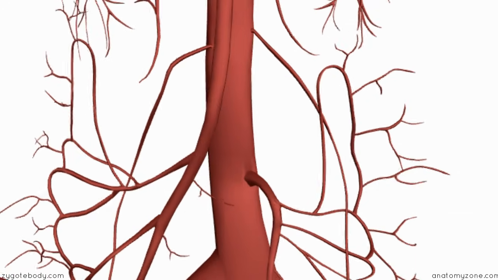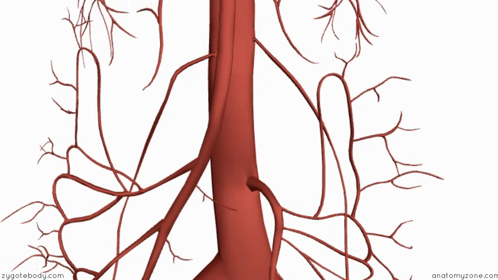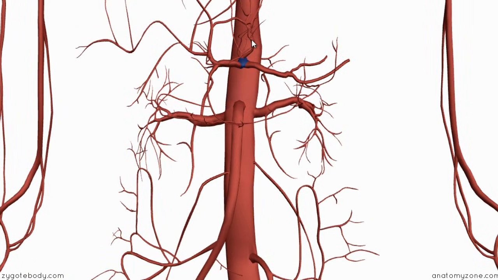So you might have noticed that there's a lot of branching from these arteries, and I'll talk about these in a lot more detail in separate tutorials, but this is just an introduction to the blood supply to the gut. So for the purposes of this tutorial, just remember that the top branch is the celiac axis, then you've got the superior mesenteric artery and the inferior mesenteric artery, and they supply the foregut, the midgut and the hindgut respectively.